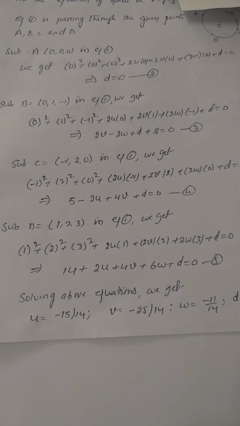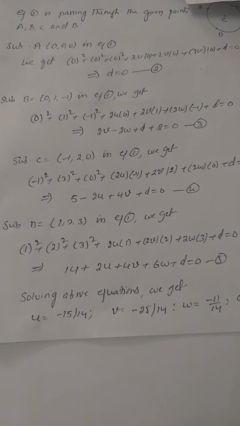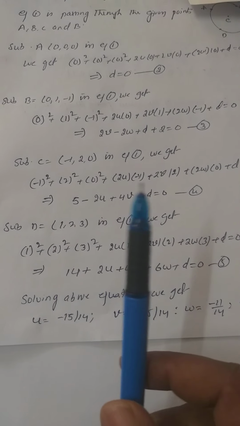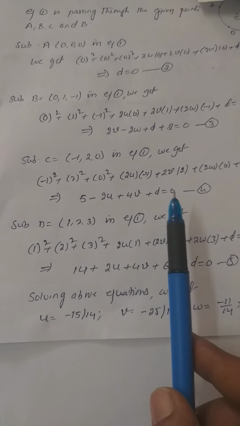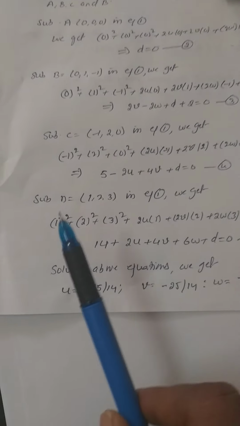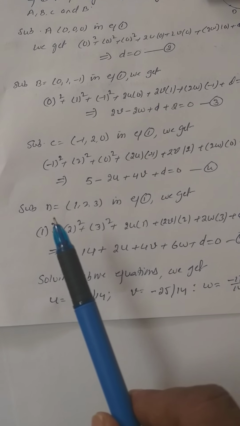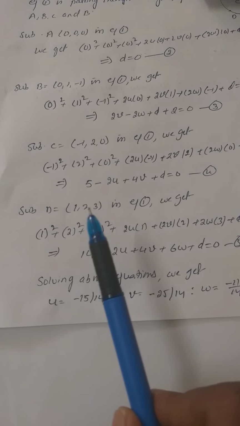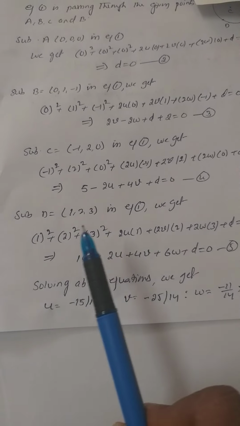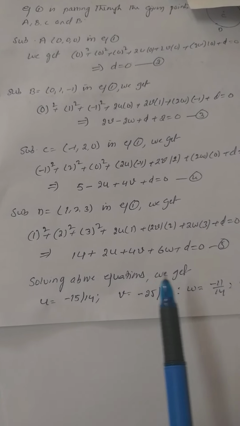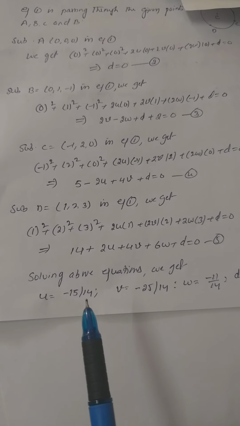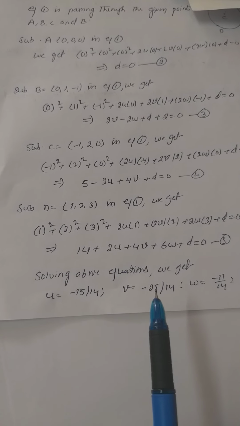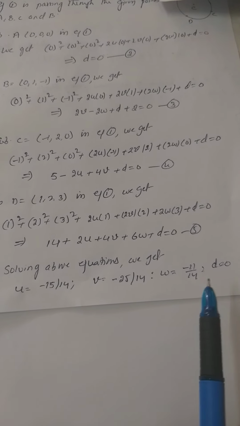Minus 1 comma 2 comma 0 in equation 1. By substituting we got 5 minus 2u plus 4v plus d is equal to 0. Right? Your order is not important. Now second, substitute D is equal to 1 comma 2 comma 3 in equation 1. Again we get this condition. On solving the above equations you will get these values: u is equal to minus 15 by 14, v is equal to minus 25 by 14, w is equal to minus 11 by 14 and d is equal to 0.